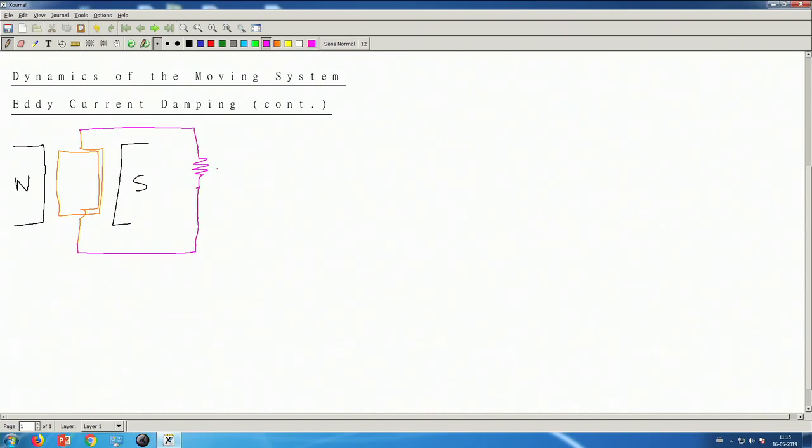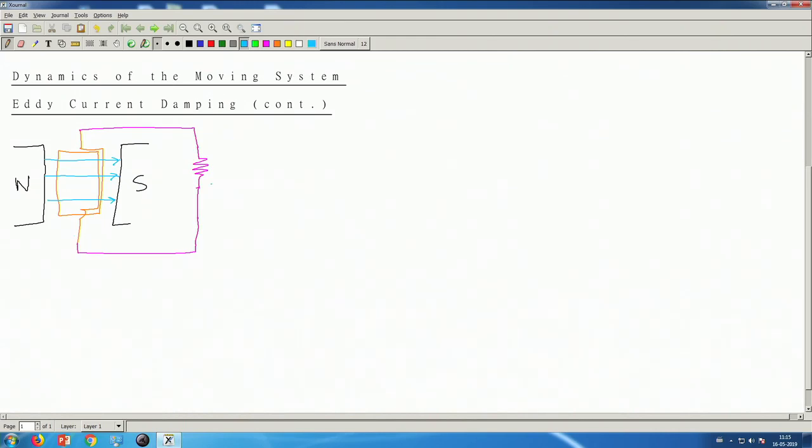Now, we have seen that the flux lines are like this, and in this circuit there should be no current, because according to my diagram there is no voltage or current source which will drive any current.